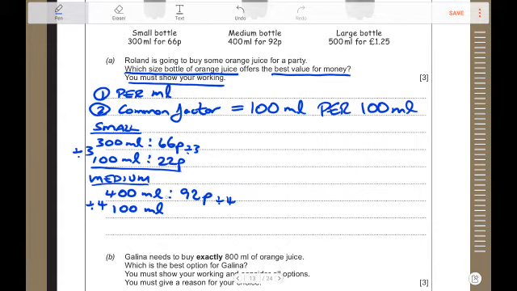How many 4s in 92? How many 4s in 9? 2, remainder 1. How many 4s in 12? 3. So we get 23 pence. So 100 millilitres costs 23 pence. Before I do the large, I can see which is cheaper. So far, the small bottle is better value for money because it's only 22 pence for 100 millilitres, whereas the medium is 23 pence for 100 millilitres. One more bottle to do: the large.